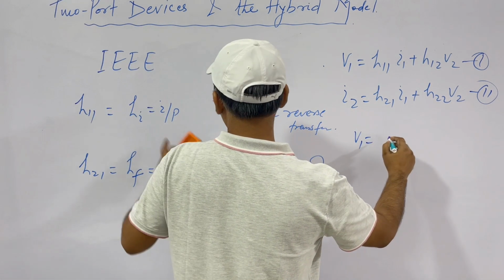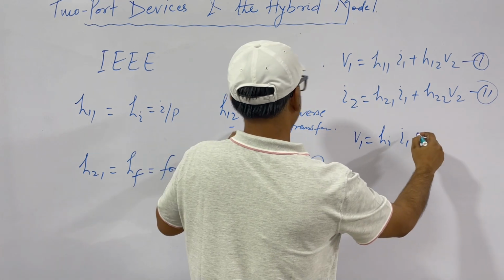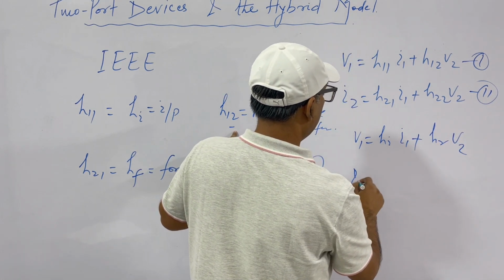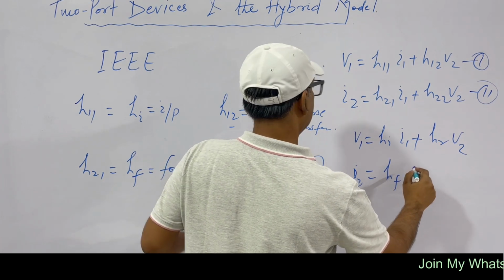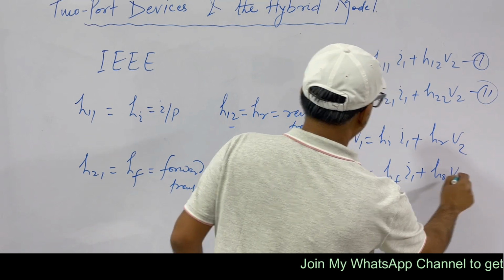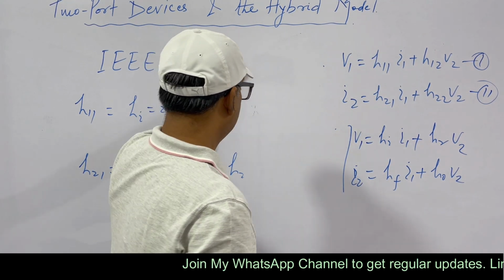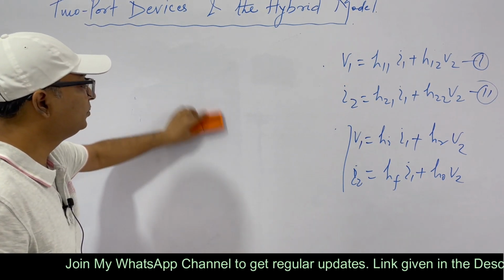V1 is equal to HI I1 plus HR V2, and I2 is equal to HF I1 plus HO V2. So this is IEEE nomenclature. Clear?